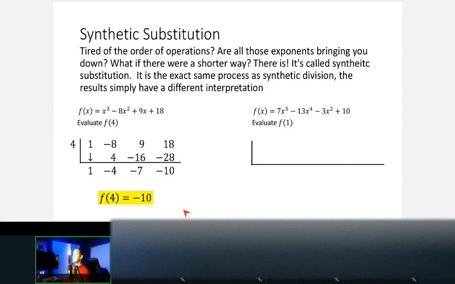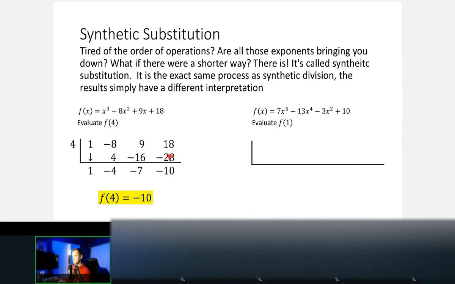What's the difference? The difference is how you look at it. Before we were talking about binomials. So for this problem, we'd be talking about x minus 4, and we would be taking this divided by x minus 4. So this is a different situation. For this one, I'm giving you the polynomial, and I'm telling you to evaluate f of 4.